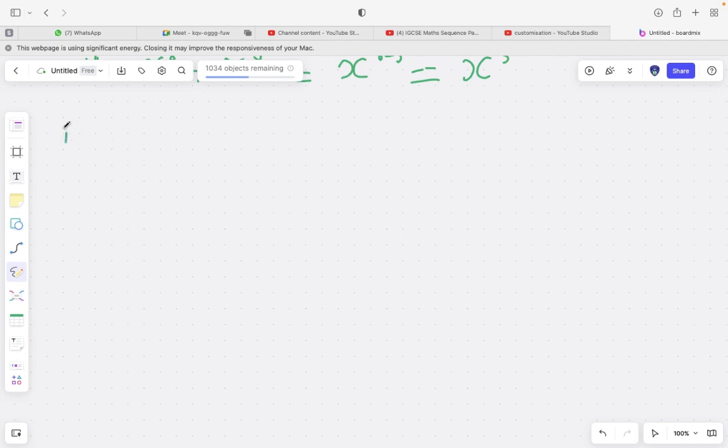Let's say separate application, problem 1. Use the first law and second law to do this.